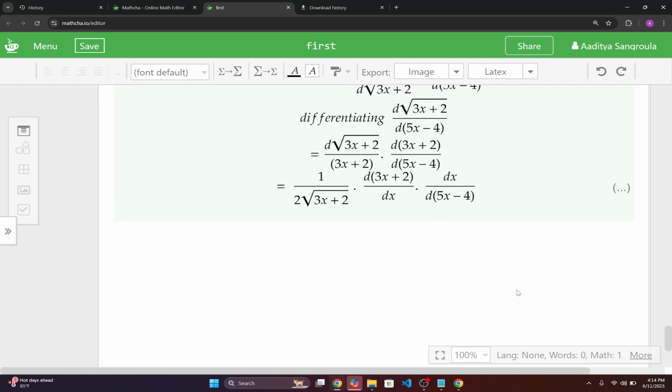Now I think we'll have to use the reciprocal rule 2 times. This would be equal to 3 over 2 square root of 3x plus 2, and now times this.